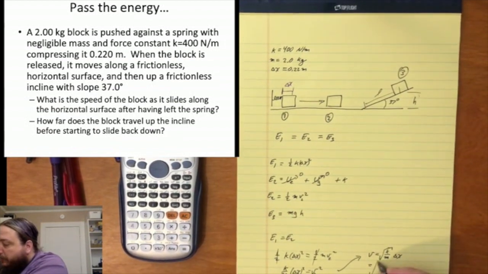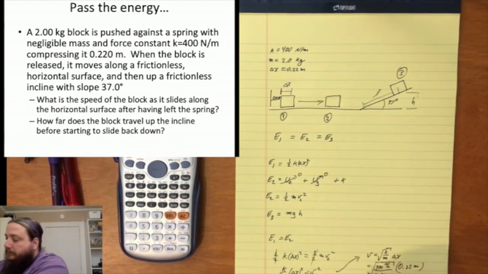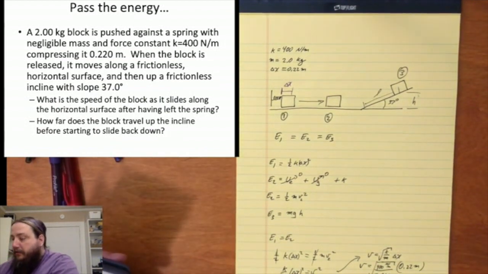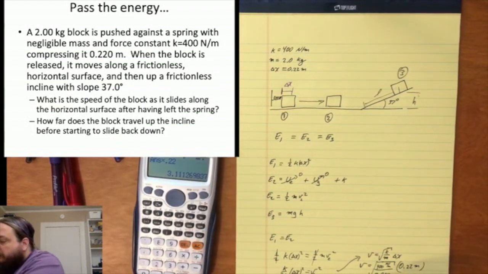So we could plug in the square root of 400 newtons per meter over 2 kilograms times 0.22 meters is going to be our speed. So we take 400 divided by 2, take the square root of that, and multiply by 0.22, and we get that our speed here is 3.1 meters per second.